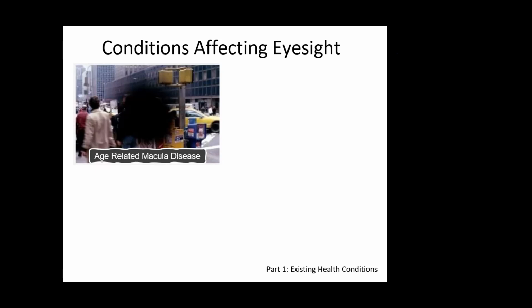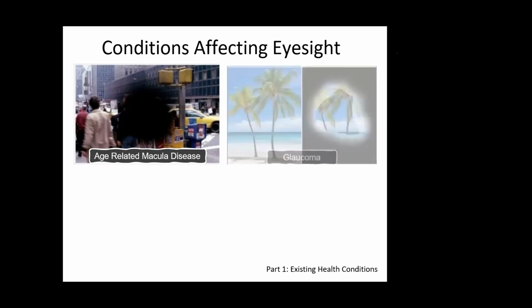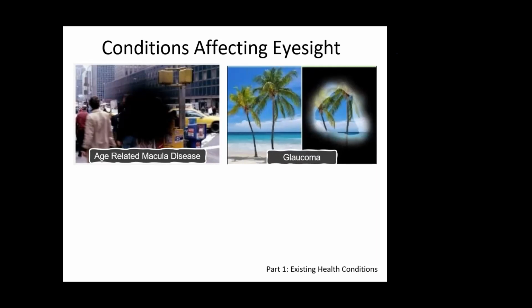When we see somebody, we can see his body, but maybe his head we cannot see. Glaucoma is a condition where the center vision we can see, but the side vision is all black.